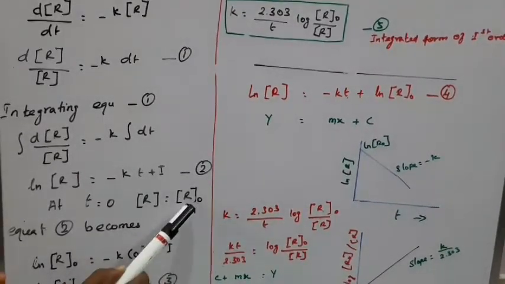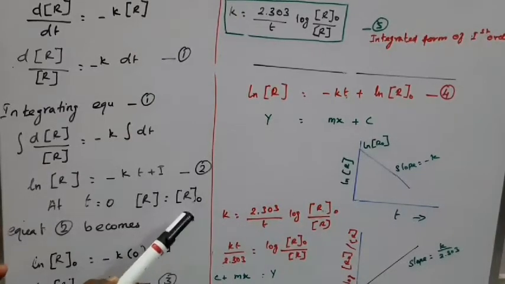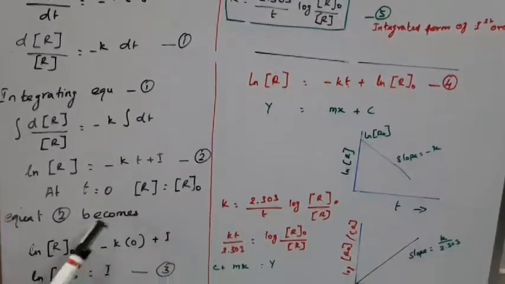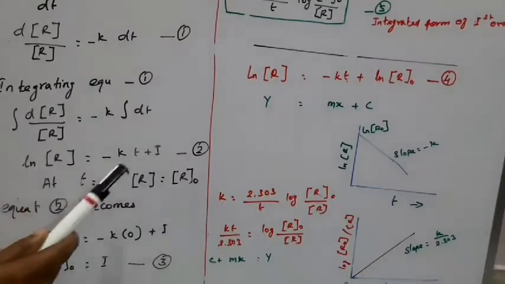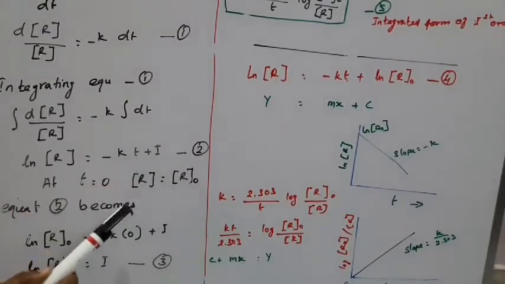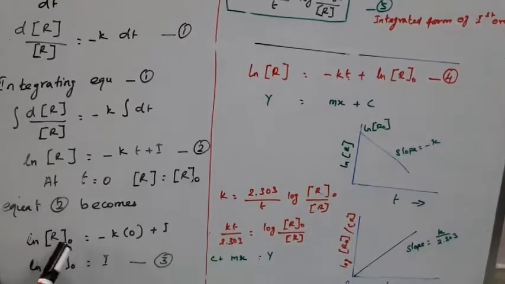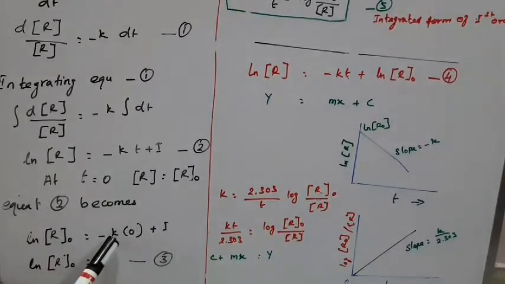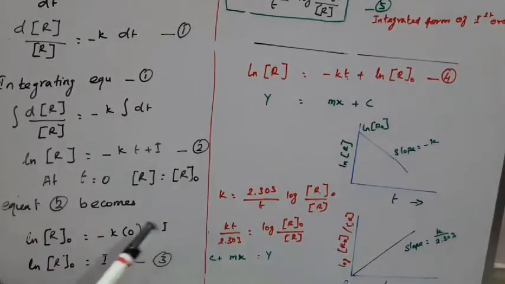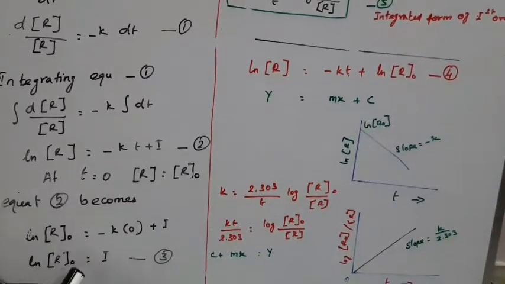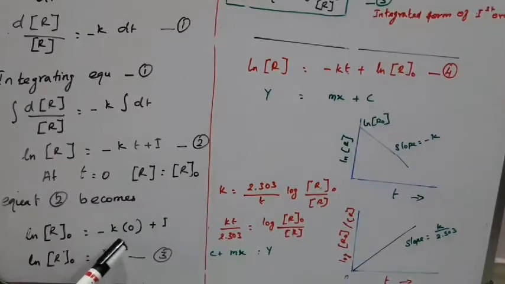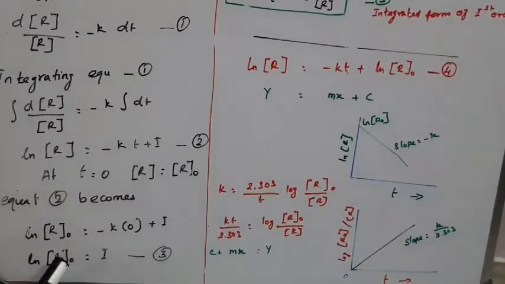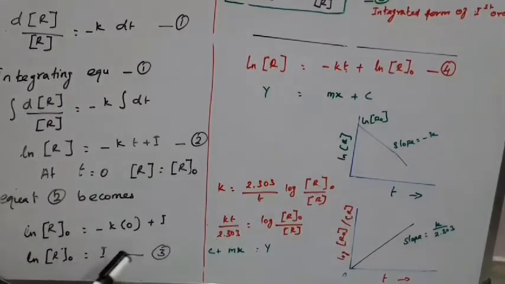So equation 2 becomes ln R0 equals minus k times 0 plus I. Because k into 0 is 0, ln R0 equals I. This is equation 3.